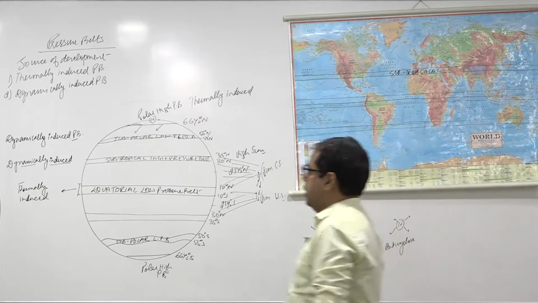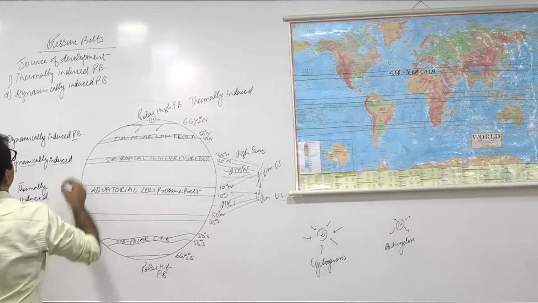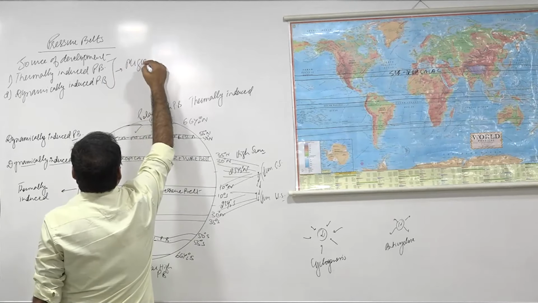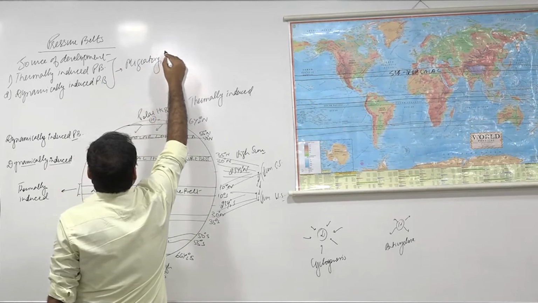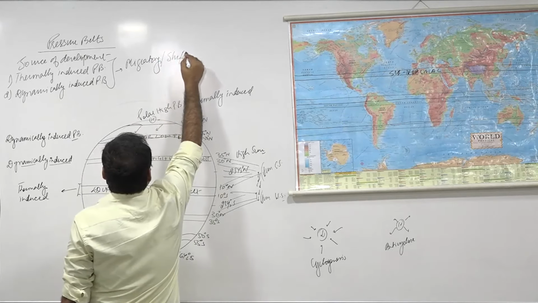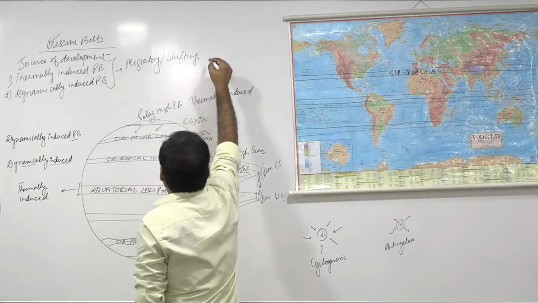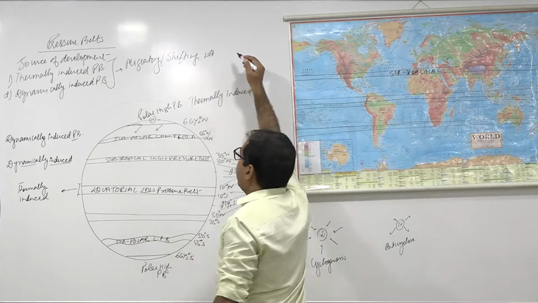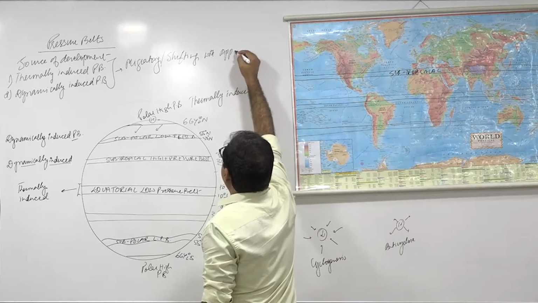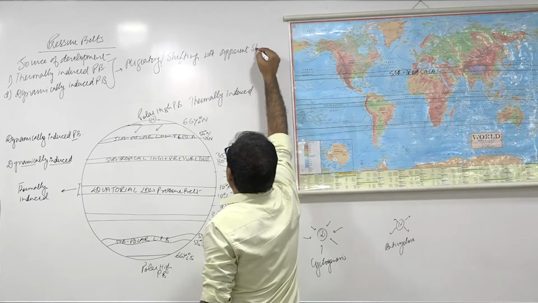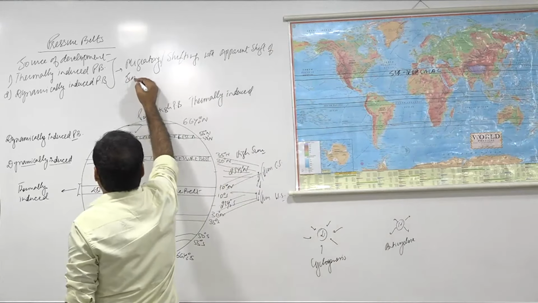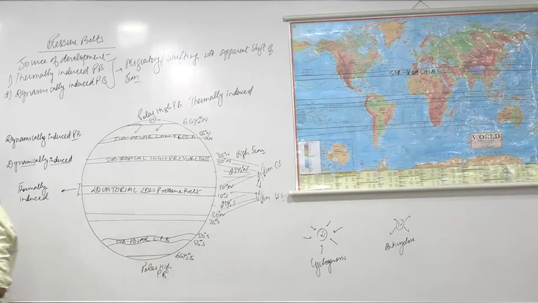And one more important thing here is all pressure belts are migratory or shifting in nature with the apparent shift of sun.